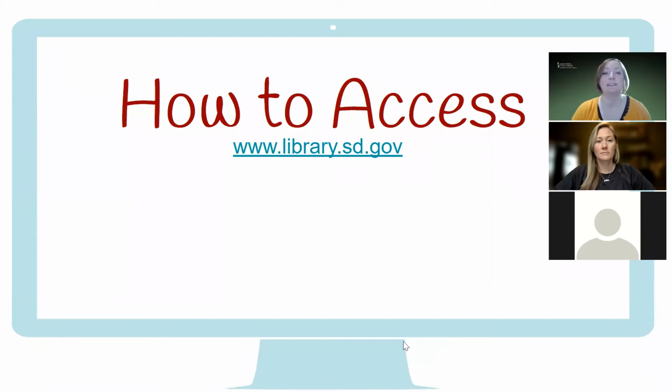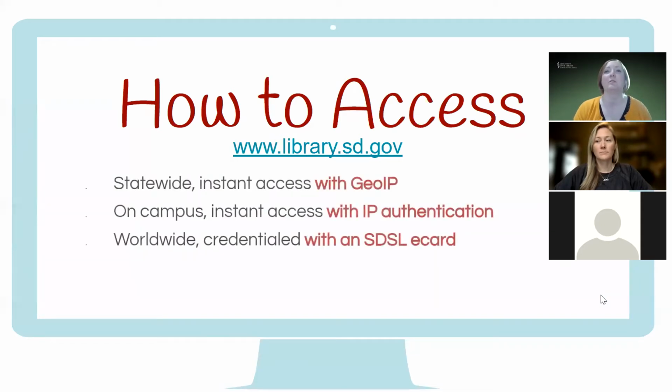So how to access these databases, I'm going to talk a little bit about this before we show you the actual databases. The majority of them are one-click access. So you don't need a password or a code to get in. You can just go right to the South Dakota State Library's website, library.sd.gov.